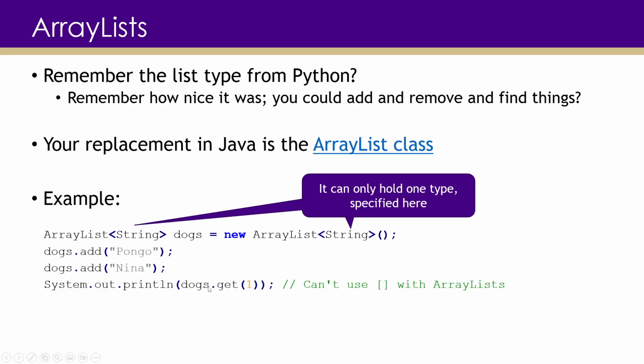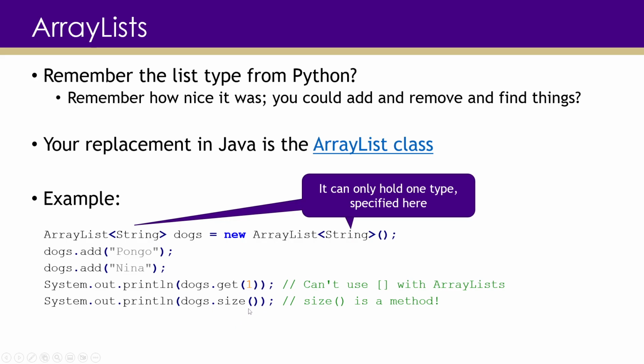All right, so when you want to get an element, you can't actually use square brackets because array lists are not arrays. Square brackets only work with arrays. Array lists are objects. They use methods. So we have to say dogs.get, and then we pass in an index. So this will actually get you Nina. And then here, in order to get how many items are in it, we have to call another method.